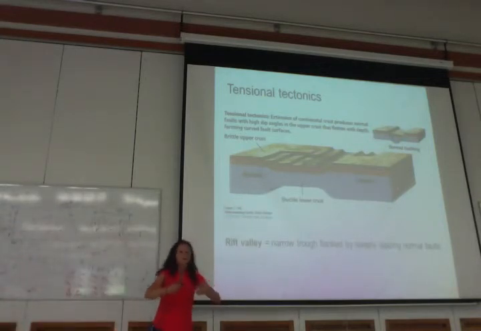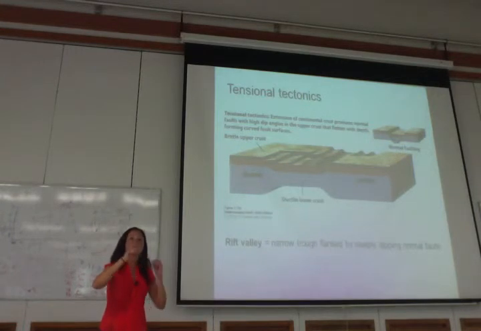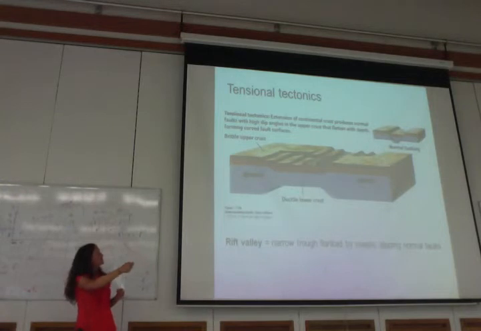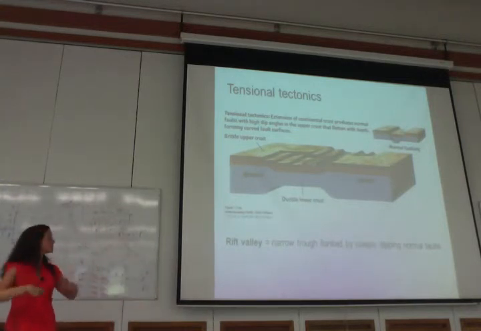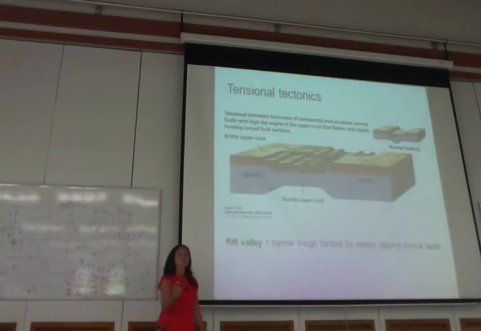So where we have areas of the crust that are being pulled apart, remember I told you that near the surface we tend to have more brittle deformation, because we're under low confining pressure. As you get deeper into the crust, because we've got that higher confining pressure, remember those experiments from geologists, we tend to have more ductile deformation. So what happens near the surface is we get lots and lots of normal faults.